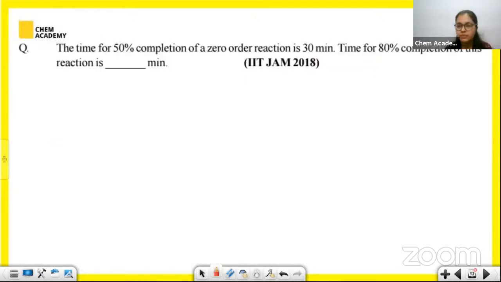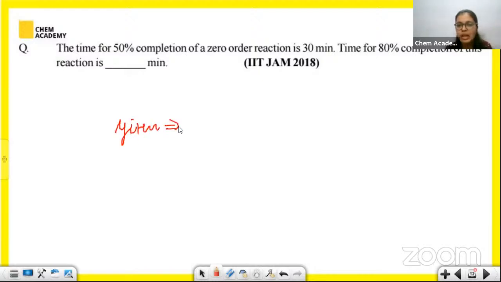Moving on to the next question. The time for 50% completion of a zero order reaction is 30 minutes. That is, it takes 30 minutes for a zero order reaction to get 50% completed. Then the time for 80% completion of this reaction is what we have to find out. What are the things that we have been given?